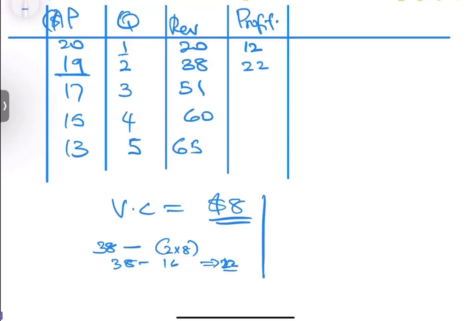The third scenario means that 3 units, and we are making revenue at $17 to have total revenue of 51. So 51 minus 3 times 8, that's 51 minus 24. And that will give us 27.